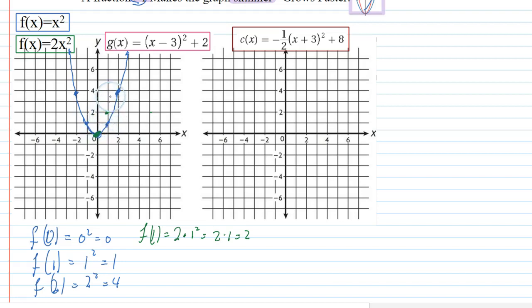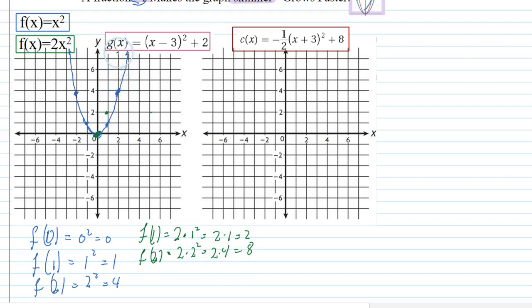Because the parabola is growing more quickly, it's going to be thinner. So now, if I move to the right 2, it's supposed to go up 4, but it's not. It's going up 2 times 4, which is 8. So I was only supposed to go over 2 up 4, but it got multiplied by 2.